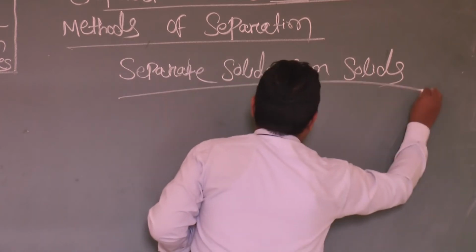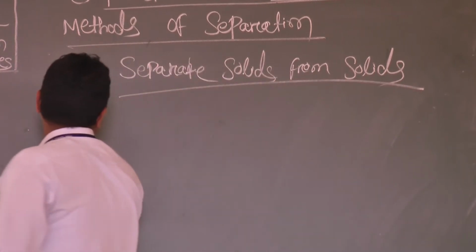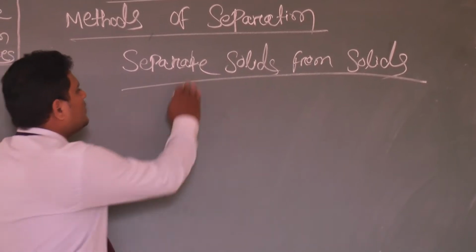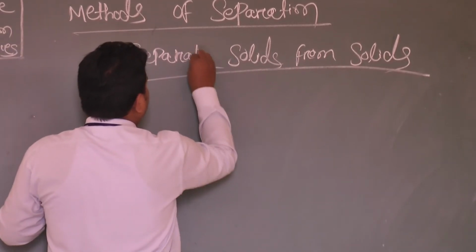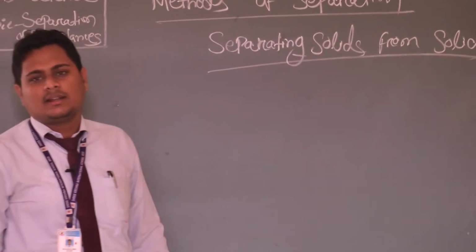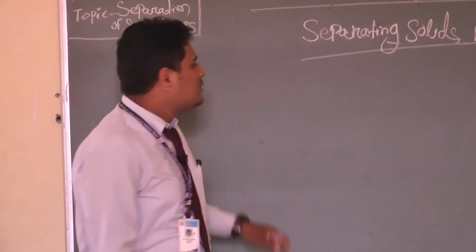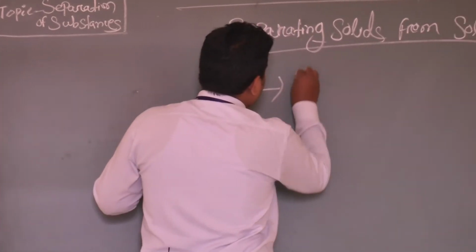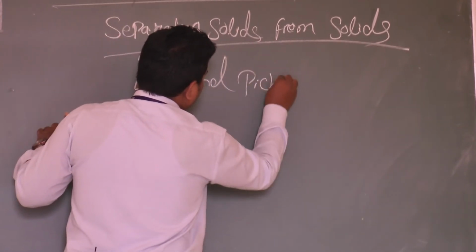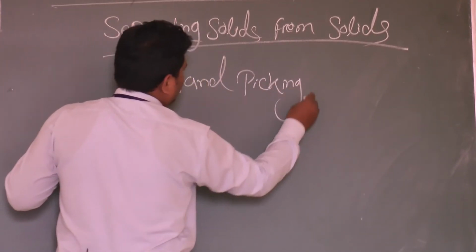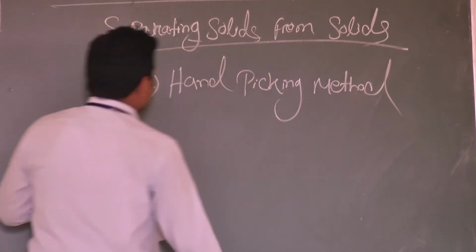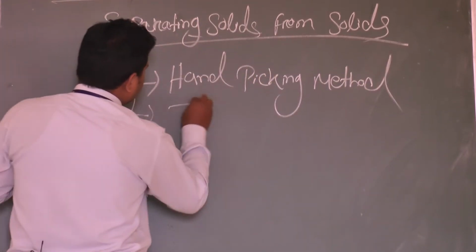Okay, so separate the process involved which are using for the separating solids from solids. Okay, what are they? Now, first process we are using that known as hand picking method. Second one is threshing.